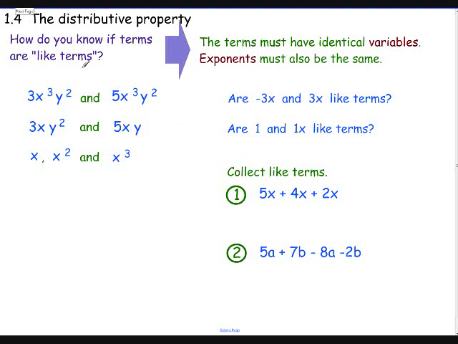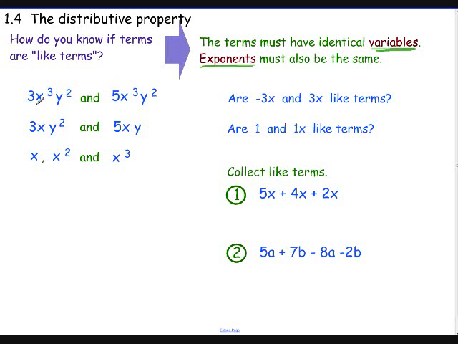How do you know if you've got like terms? This is the definition. Take a moment to write it down. Terms must be identical in these two ways. They must have exactly the same variables, and the exponents also have to match. So let's see. Identical variables.